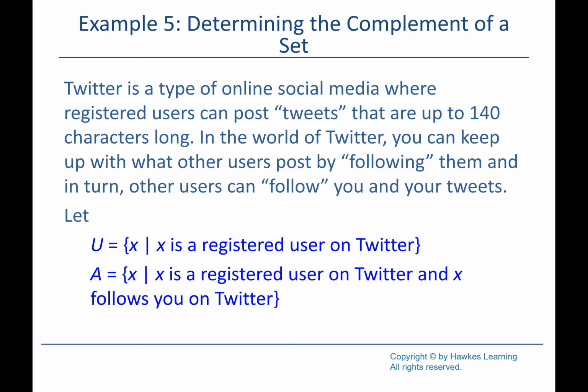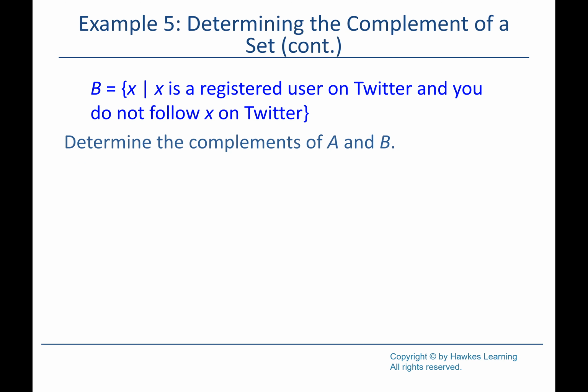So this is the set of all people that follow you. And then we've got set B on the next slide. It's the set of registered users on Twitter that you do not follow. So set B is the set of all people that you do not follow on Twitter.